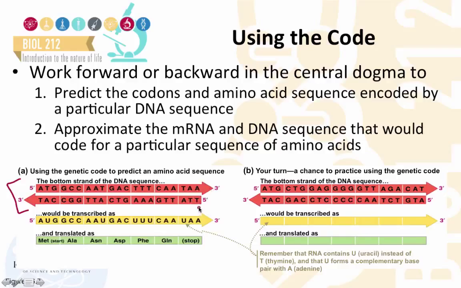RNA polymerase synthesizes RNA in the 5' to 3' direction. Knowing that, we can assume that it will use the bottom strand as a template strand and would synthesize complementary bases to that template strand. Keep in mind that mRNA contains U instead of T, so U would be incorporated in the mRNA sequence.